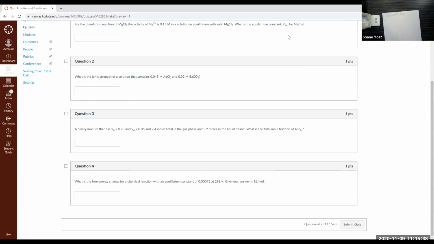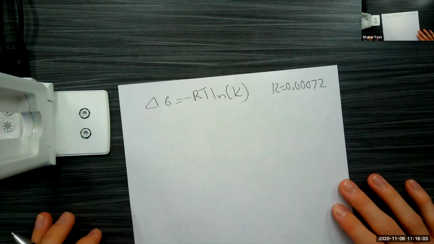Did you convert from joules to kilojoules? Yeah, I got it right. I had it written on my paper as negative, but I put it in as positive. But the answer is supposed to be negative? Should be negative.